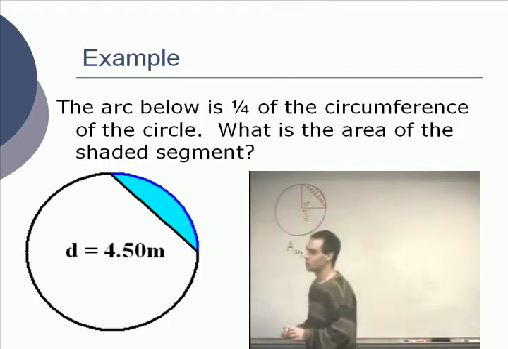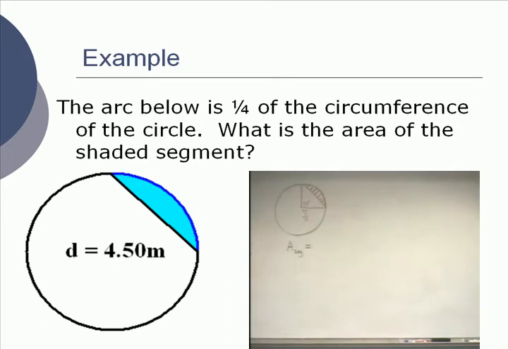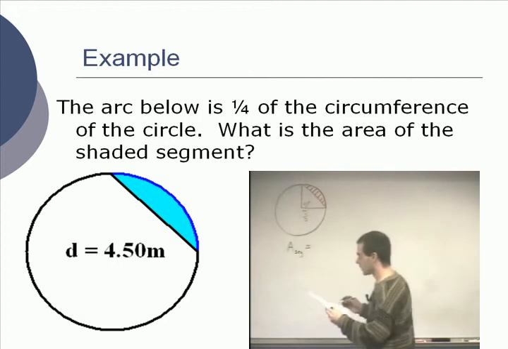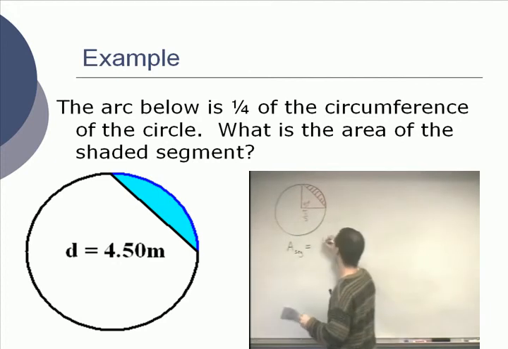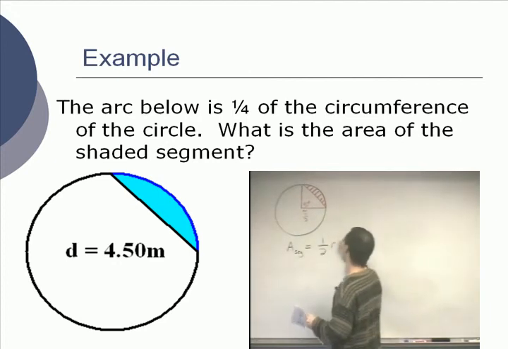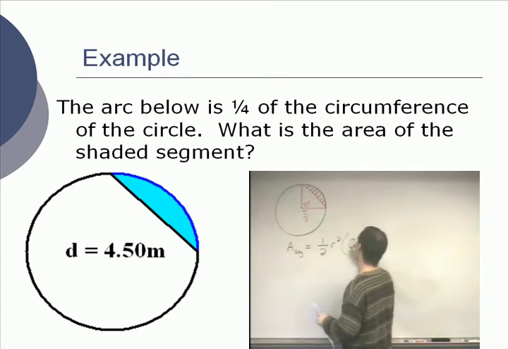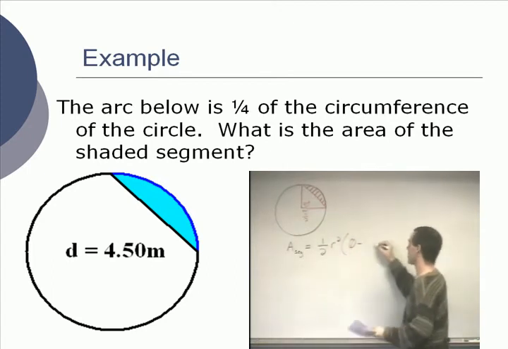So our area of the segment is equal to, go back, use our formula given if the central angle is known, and that is 1/2 r squared times (theta minus the sine of theta).